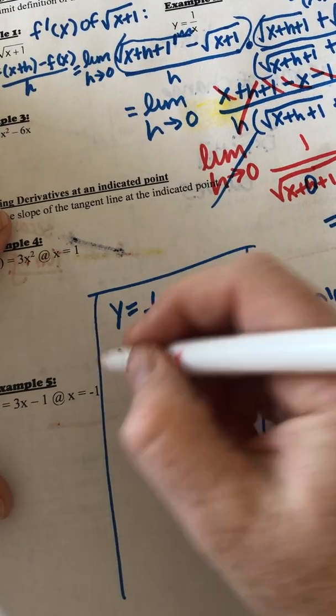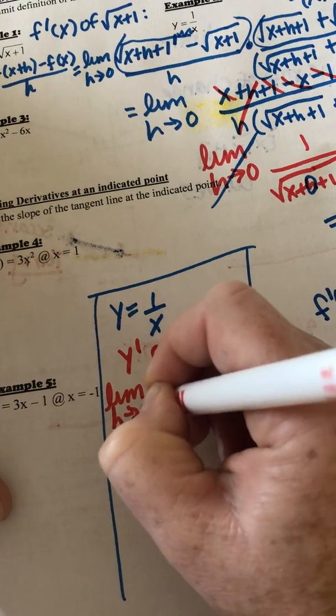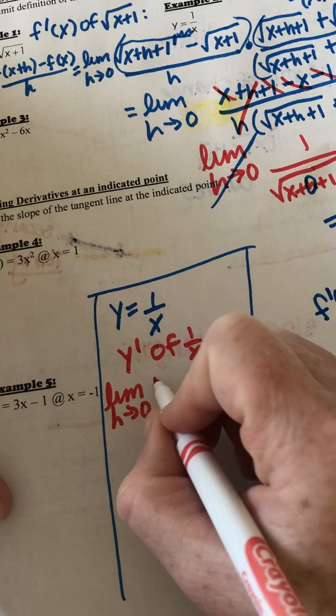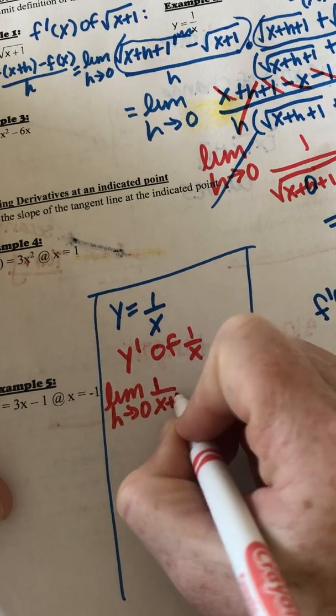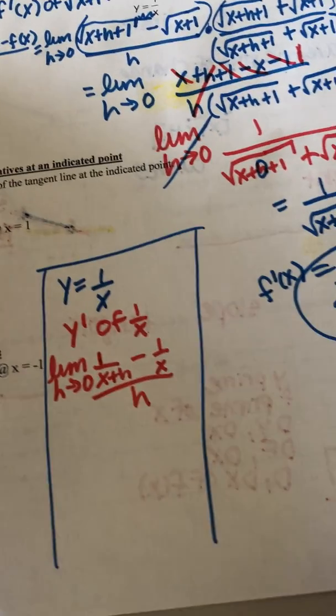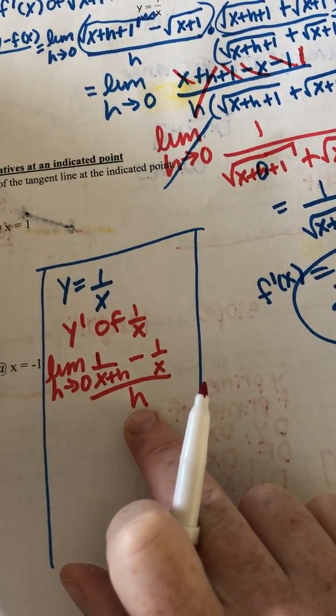So the limit as h approaches 0 of f of x plus h would be 1 over x plus h minus 1 over x all over h. So f of x plus h minus f of x all over h.